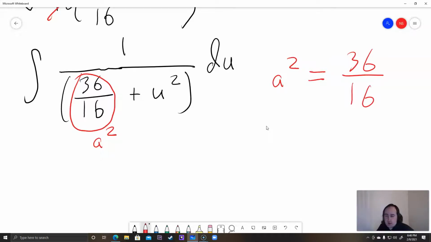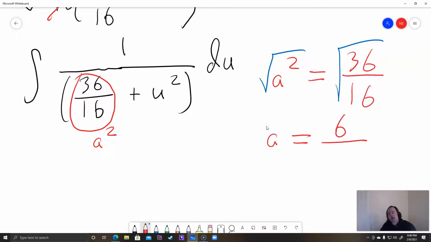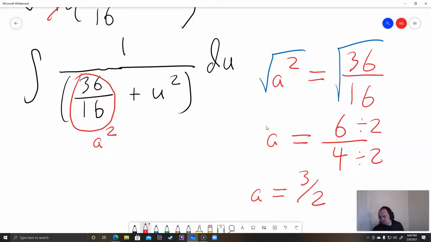If I take the square root of both sides, I'm going to get a equals, well, the square root of 36 is 6, and the square root of 16 is 4. If I divide the top and the bottom by 2, I get a equals 3 over 2.